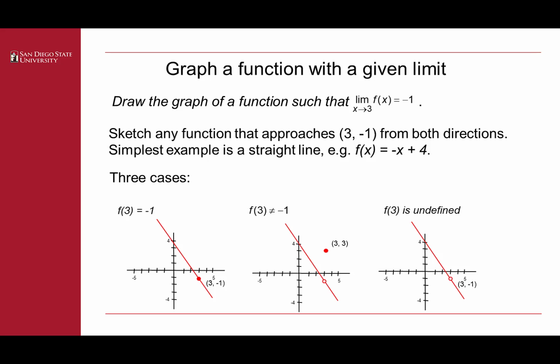The simplest example is the straight line, so that f(x) equals -x plus 4. This function will yield -1 if we substitute x with 3, and we can easily draw it like in the leftmost chart. So here we have f(3) equals -1, and we can easily draw the straight line representing this function.